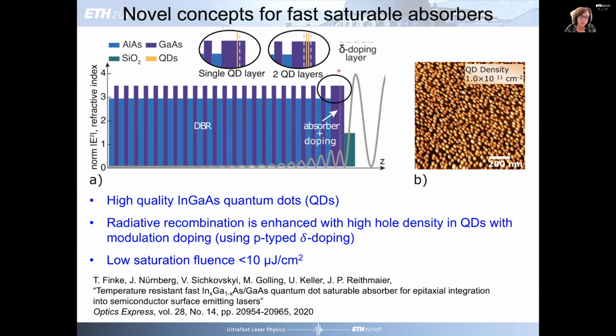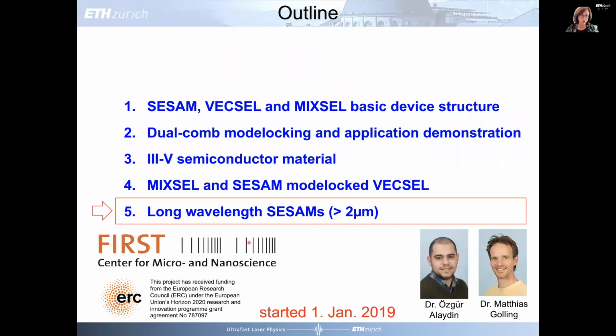And with the additional delta doping, which is modulation doping, which increases the hole density in the quantum dot, so that you have increased radiative recombination, you make a fast saturable absorber, and they are very stable with regards to annealing. And so for further MIXSEL application, this is the way to go because you get much less temperature sensitivity.